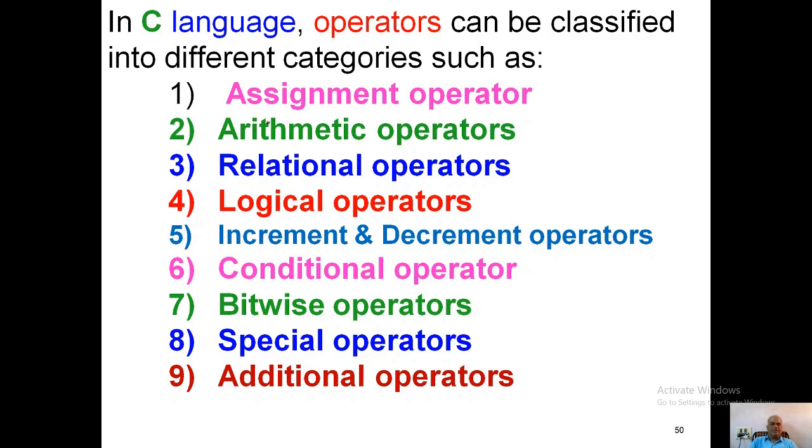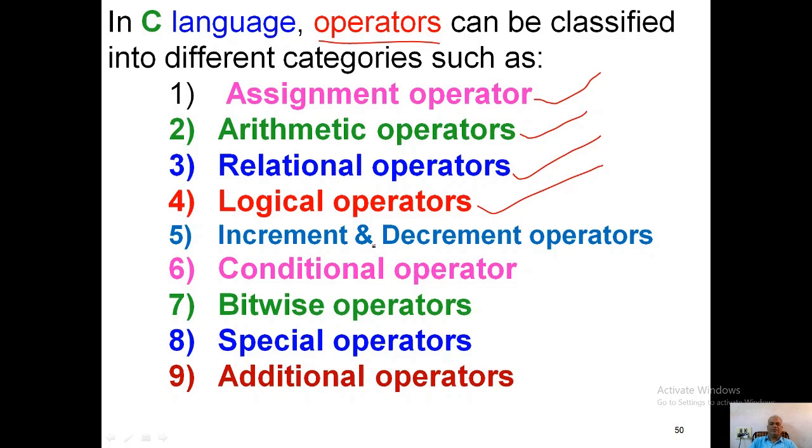In C language, operators can be classified into different categories. The first one is the assignment operator. Next one is arithmetic operators. Next one is relational operators. Next one is logical operators.